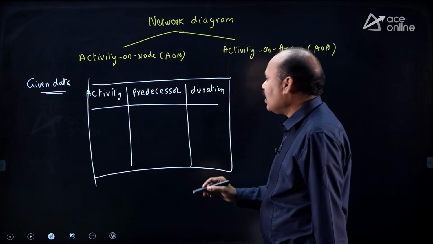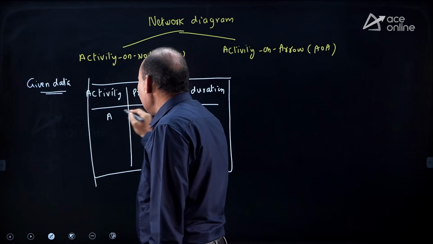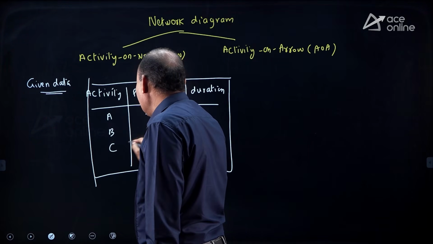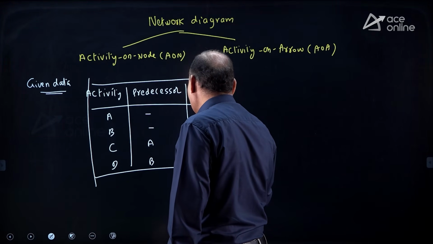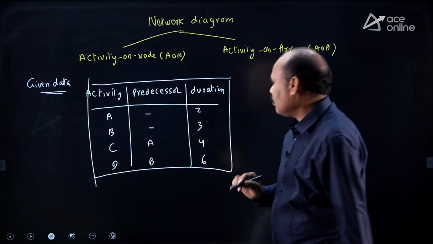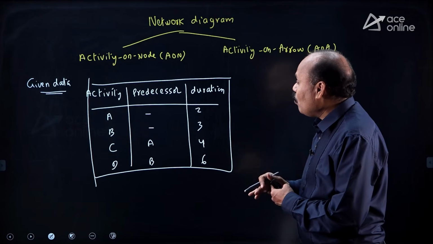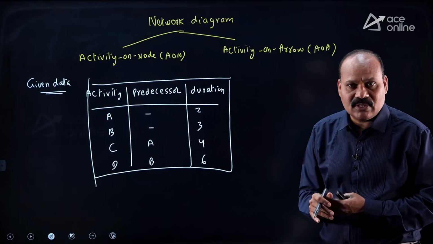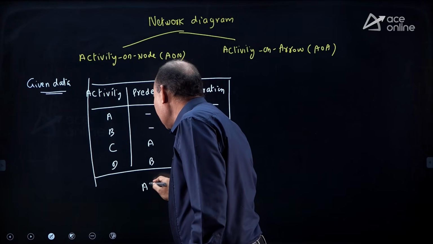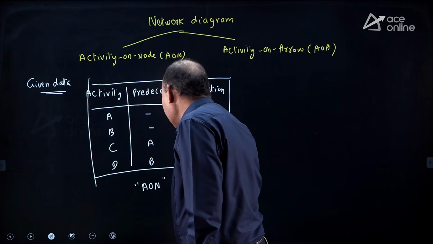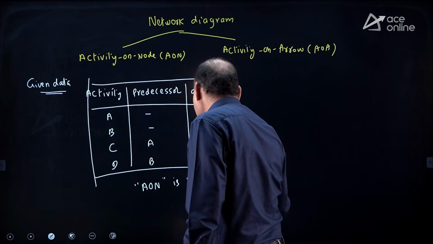If 3 columns are given, for example A has no condition, B has no condition, C after A, D after B, with durations 2, 3, 4 and 6, how to construct the diagram? Here the AON diagram is the right choice. AON is the best tool in this case.